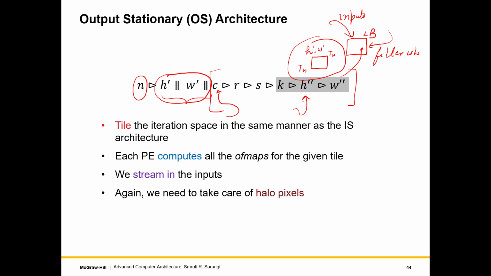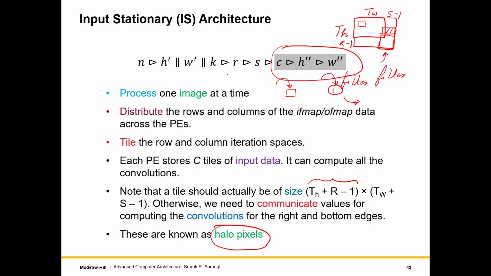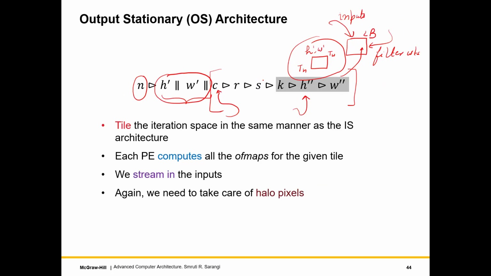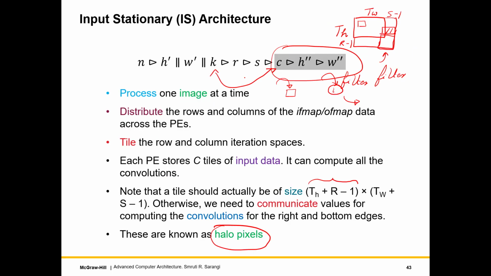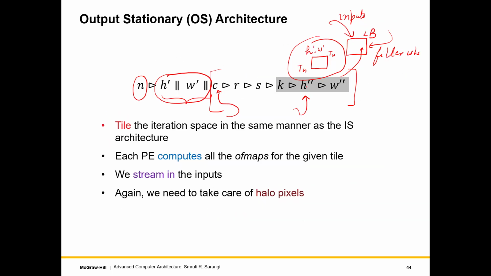But this is nonetheless one of the ways of doing this, where we tile the iteration space in the same way, analogous to what we did for input stationary. In this case, as you can see, just K and C have reversed their positions. Instead of KRSC, it is CRSK. The logic is exactly the same.